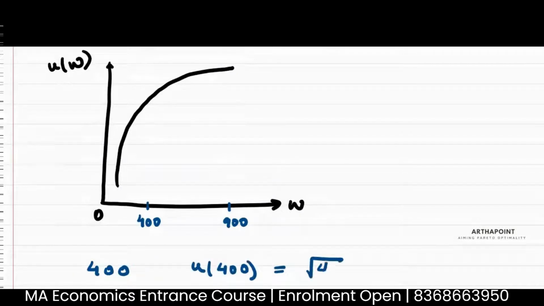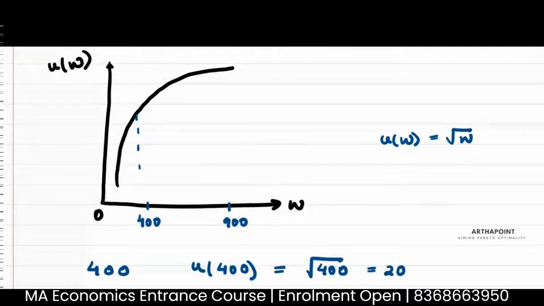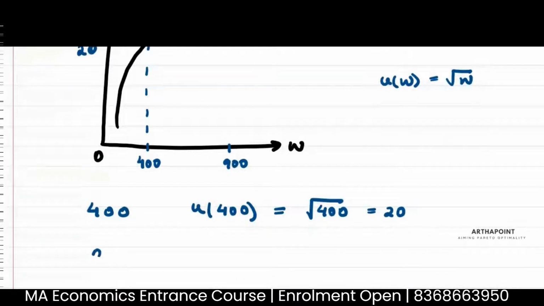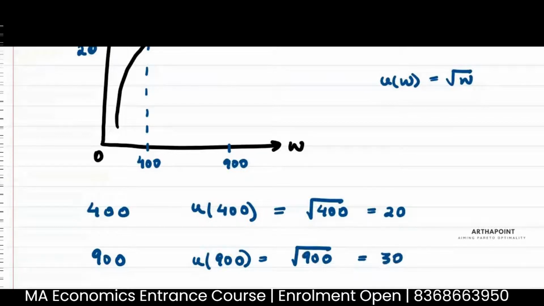It is root of 400 because your utility function is root of W, which is 20. Suppose my wealth is 900. What will be my utility from 900? It will be root of 900, which is 30.